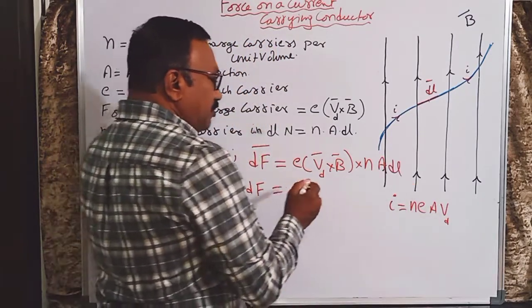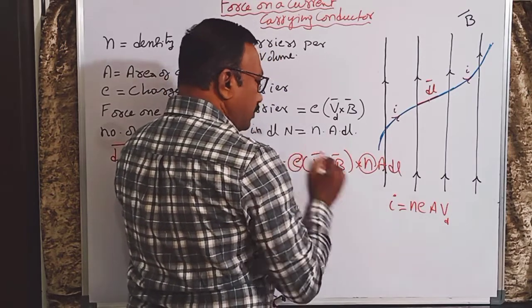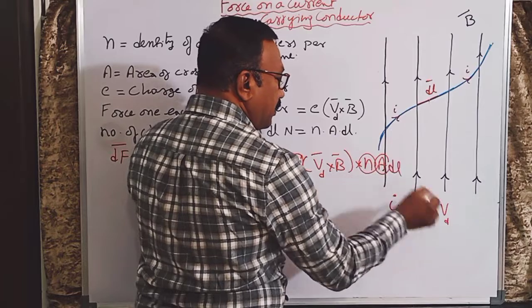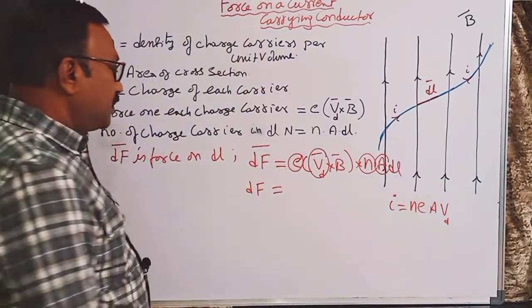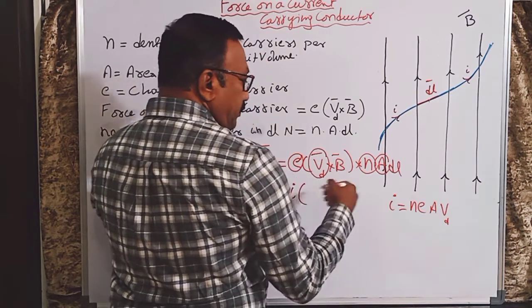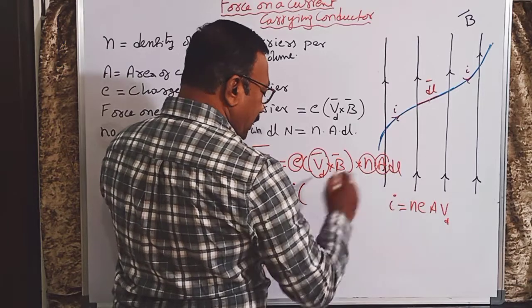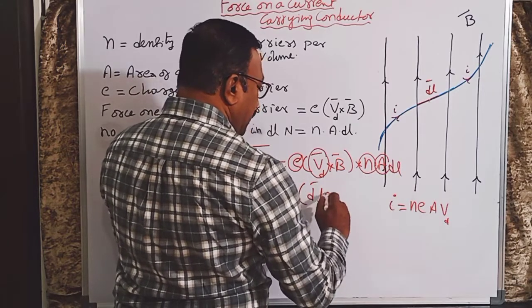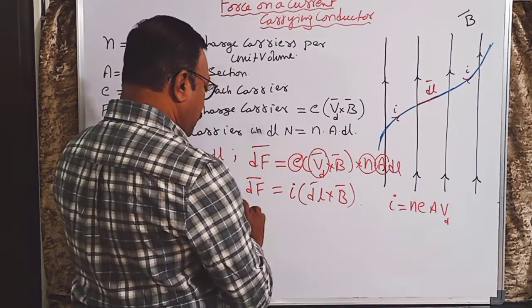So now I can substitute this N, E, A and Vd as a current. So therefore this will be I into, and what is left out now? DL bar cross B bar. This is the force.